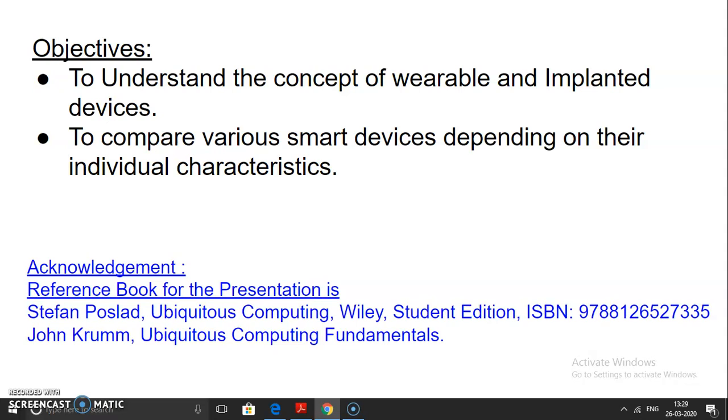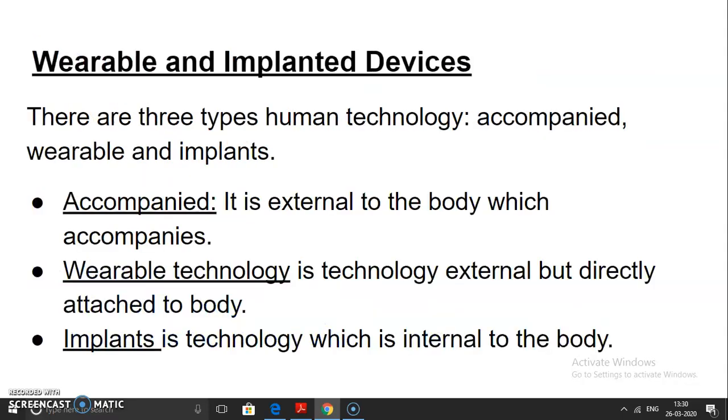First objective is to understand the concept of wearable and implanted devices. And second objective is to compare various smart devices depending on their individual characteristics. For this presentation, I have used the book Ubiquitous Computing Fundamentals, author is Stephen Postland.